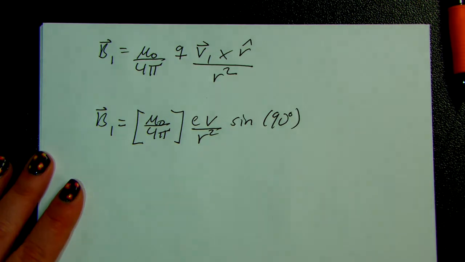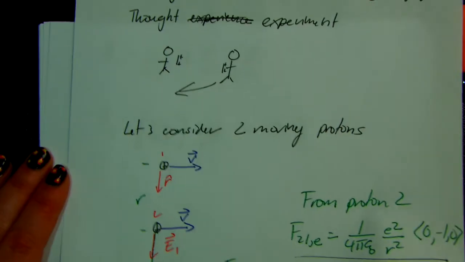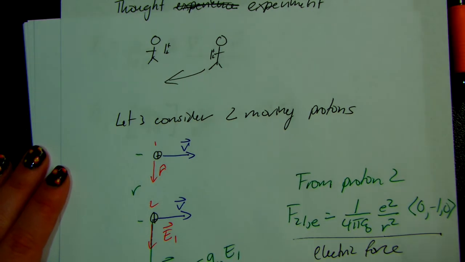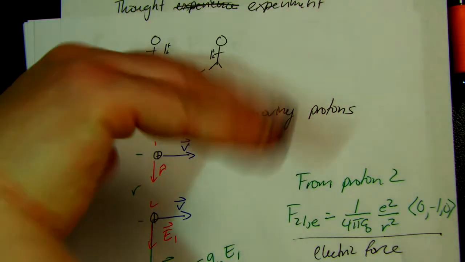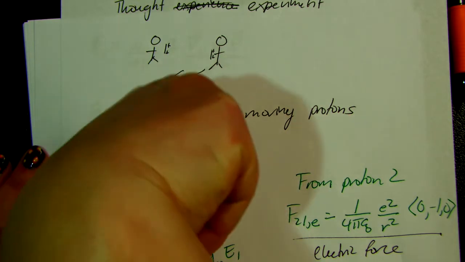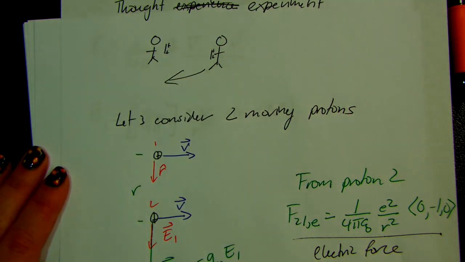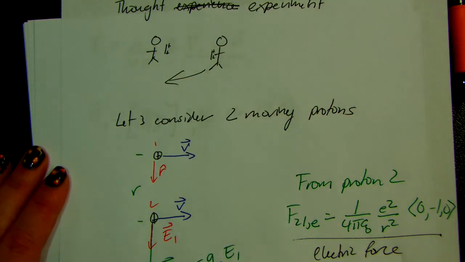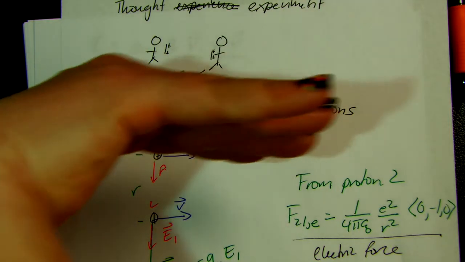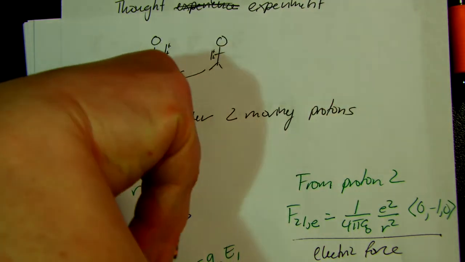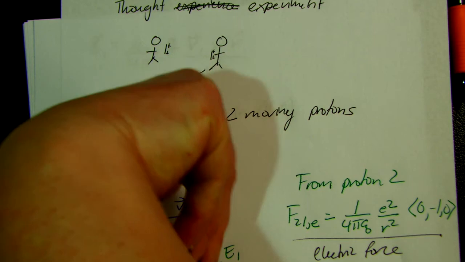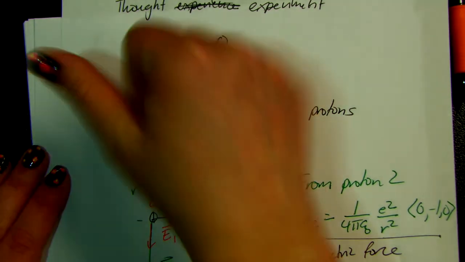In this case, the two are perpendicular to each other, so we can see that here using that cross product v cross r hat. So we can see that B is into the page using the right-hand rule. Again, line your right hand up with v, cross it towards r hat. Our thumb is pointing down, not up, down, into the page.